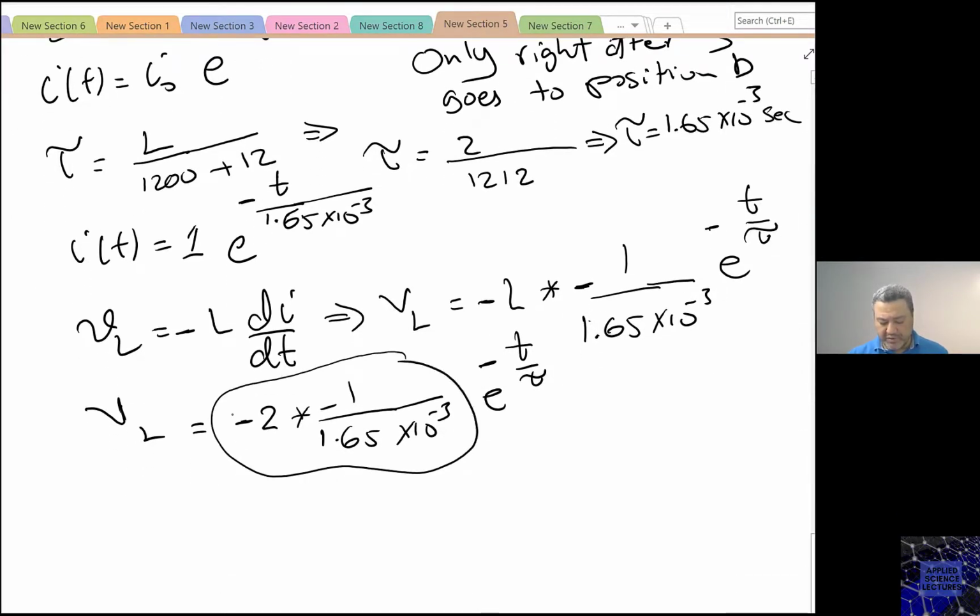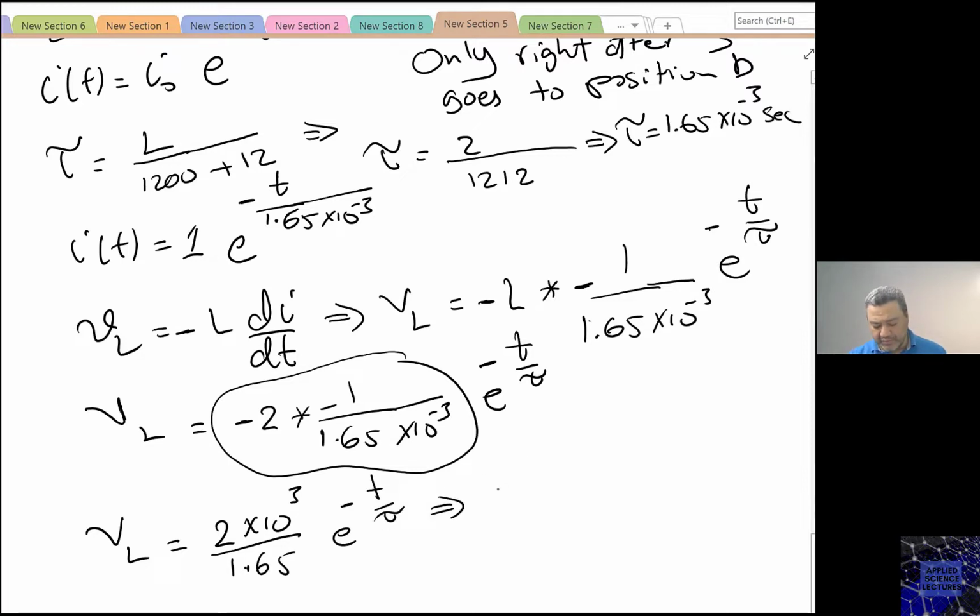I'm interested to know this because this is going to be the maximum voltage right after the switch. So VL is 2 times 10 to the power 3 divided by 1.65 e to the power minus t over tau.